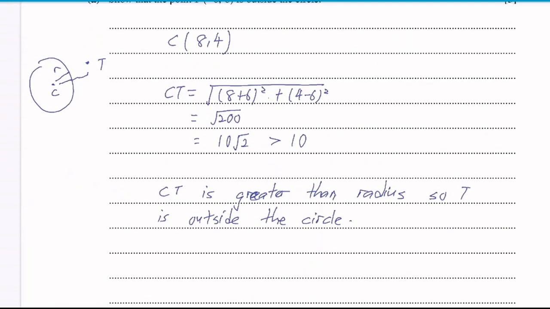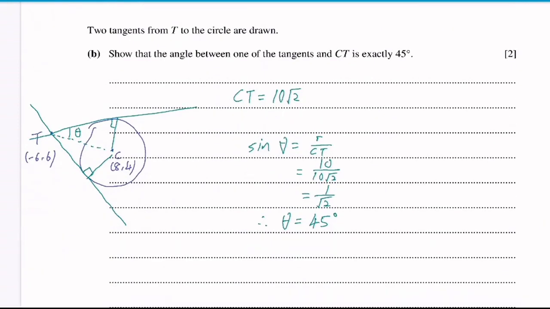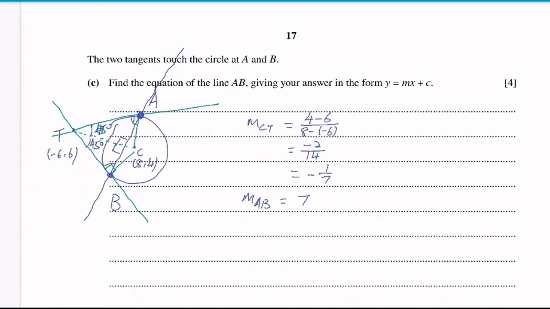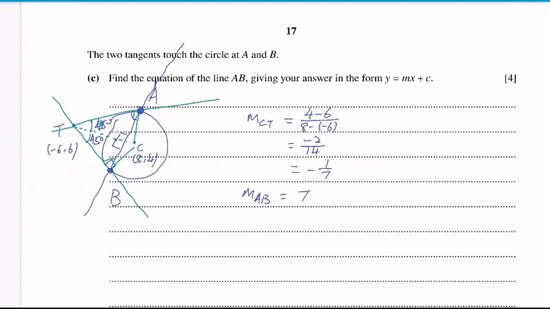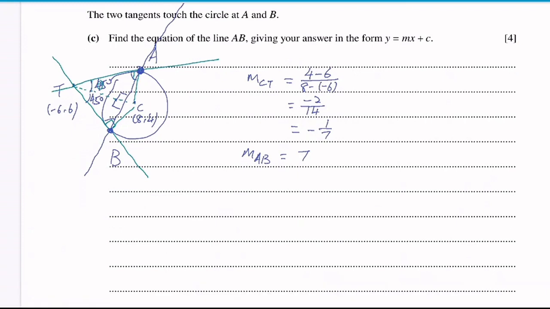For the first one, it is just to show that T is outside the circle. And in the second one, we have already shown that CT, with one of the tangent lines, makes a 45 degree angle. So we look at this situation here, where we also have some idea of how to find the distances.